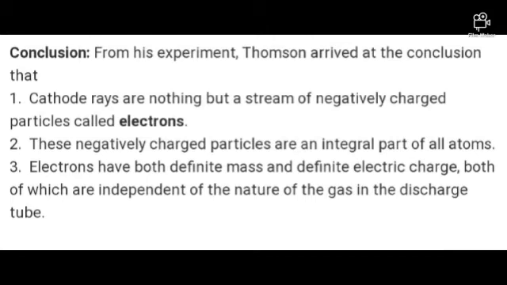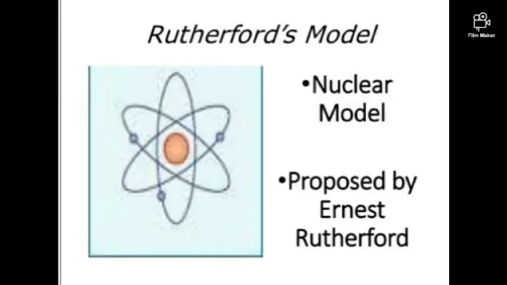The red part, he concluded, was the positively charged particles, and the seeds of the watermelon you can consider as the electrons. Let's now move on to Rutherford's model. His model is also called the nuclear model.